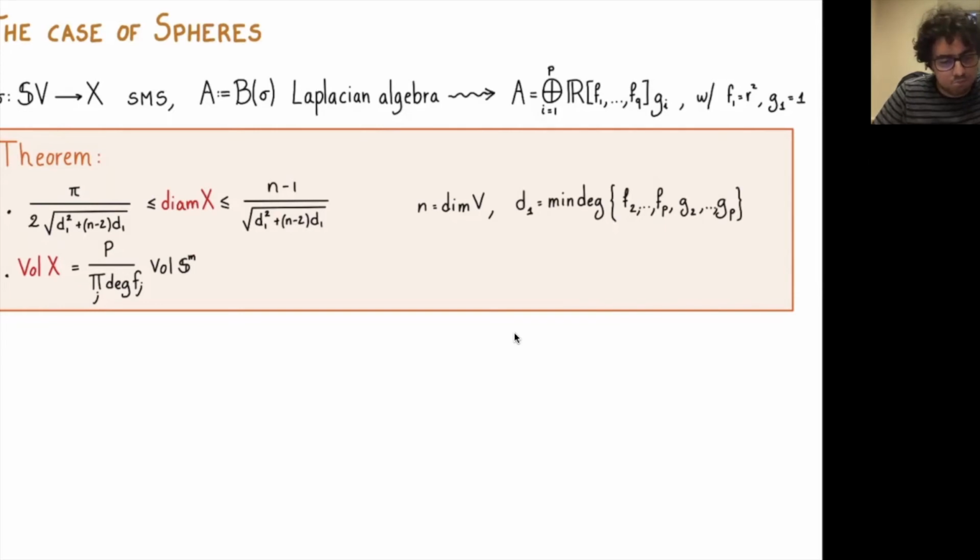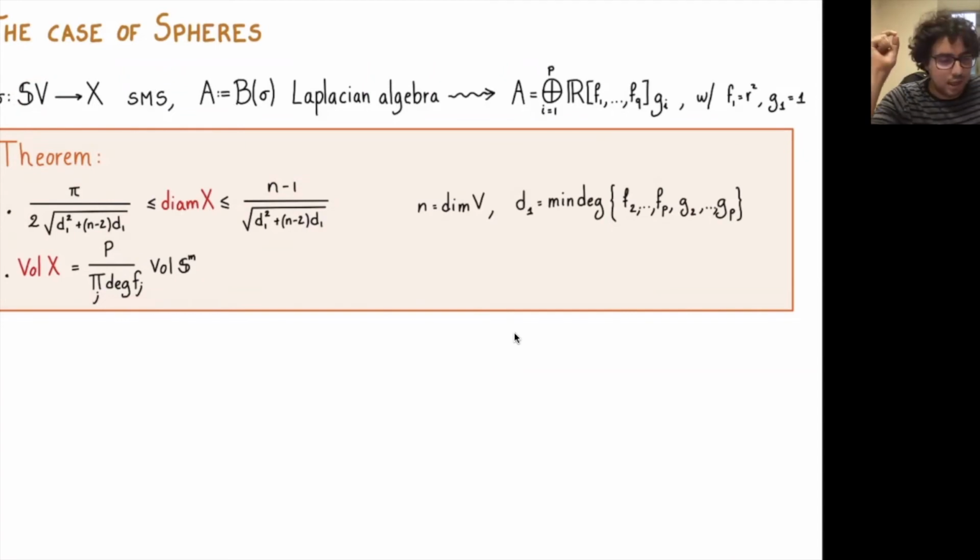The first one is giving us estimates for the diameter in terms of the lowest degree of these polynomials that appear in here. Once again, n in this case is the dimension of the vector space V, so the dimension appears, which makes these inequalities extremely not sharp, but it's some estimate. But really, the nice result is the second one.